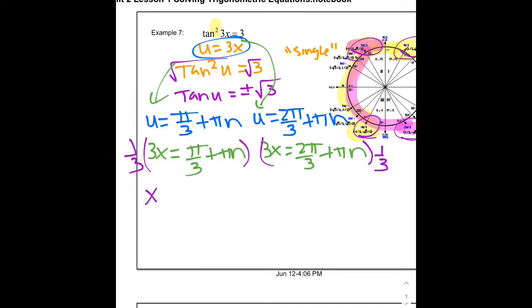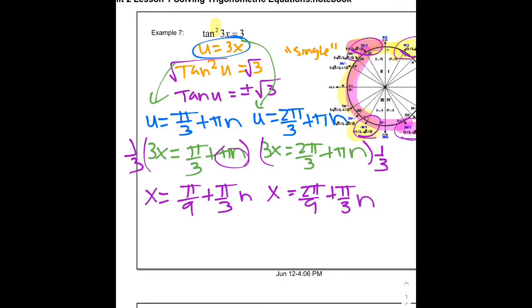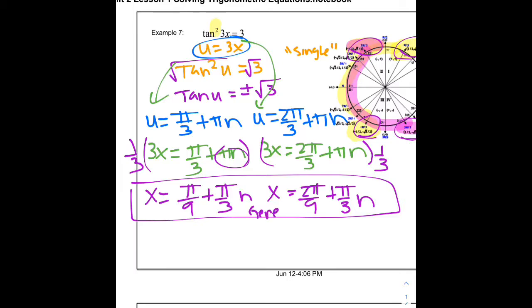And that's going to give us x equals pi over 9. Do not forget to distribute to your generator to make more angles, and you get pi over 3n. And on this, I would get x is equal to 2 pi over 9 plus pi over 3n. If the directions ask you for the general solution, you are finished.